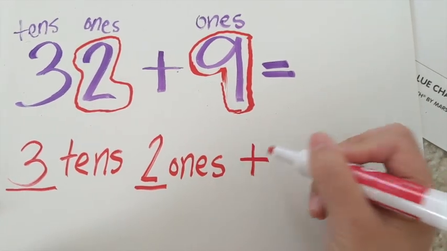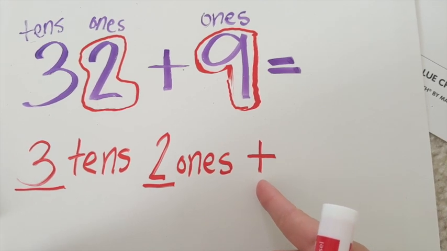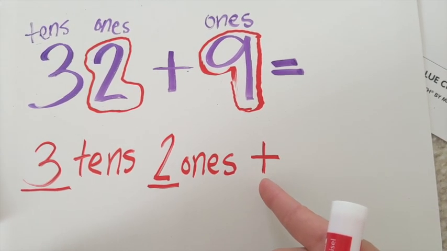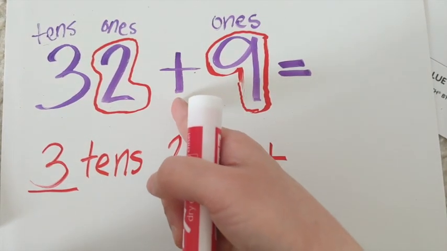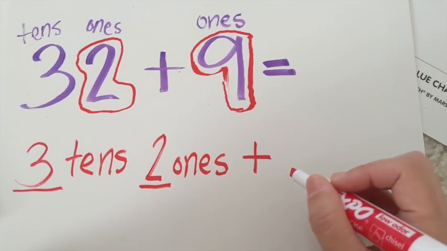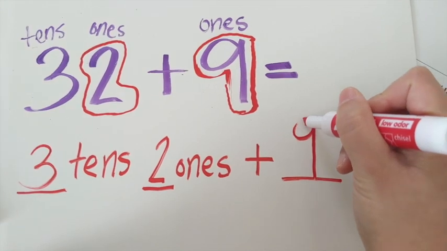Plus, that's important because it could look different next time. It might be a subtraction instead of an addition sign. So don't forget to pay close attention to what you're supposed to do. Here you're supposed to add, and then you have another 1s, which is a 9.